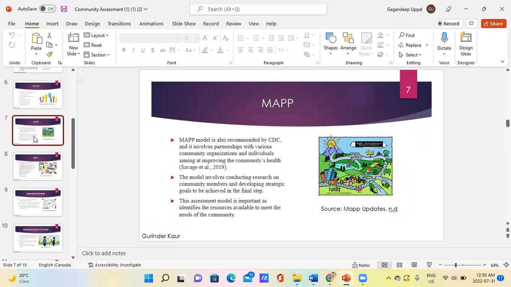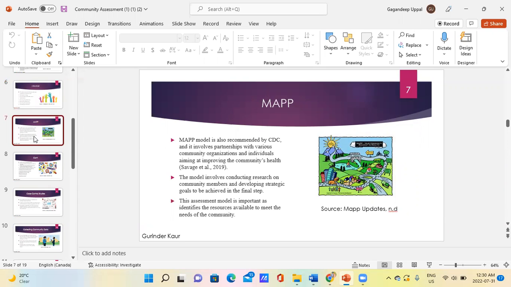MAP model. It is also used in a community assessment with the partnership of various community organizations. The main motive of this model involves conducting research on community members and developing strategies to achieve the final step.